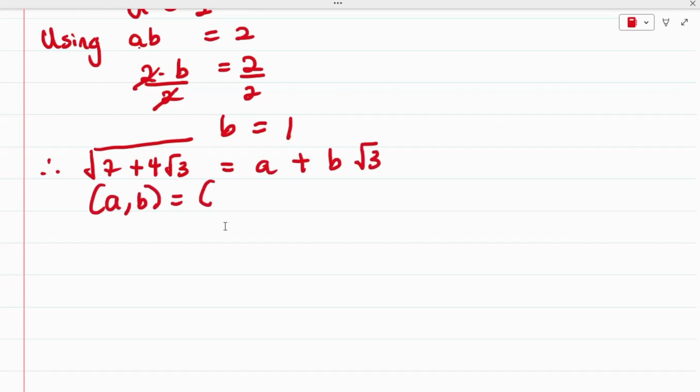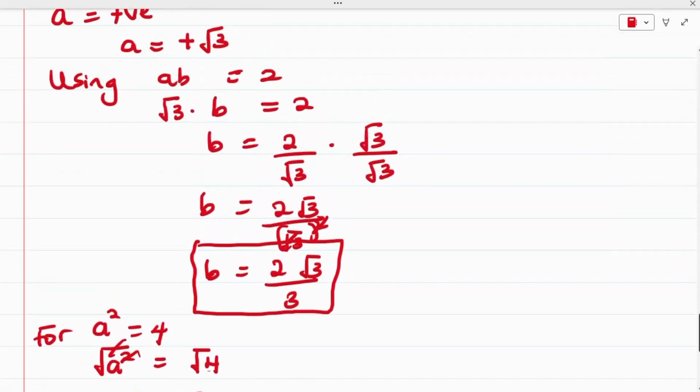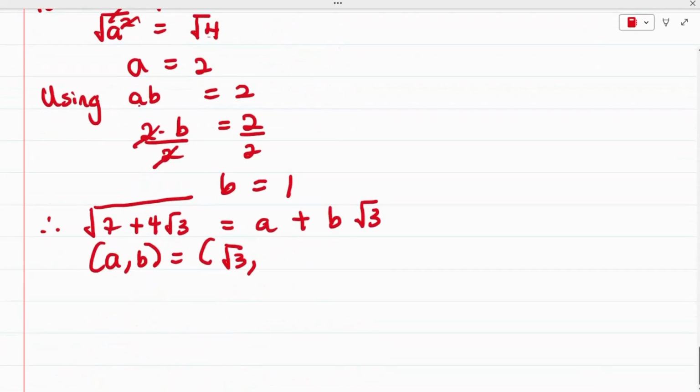The first value of a is root 3, and for b, we have that b is equal to 2 root 3 divided by 3. And the second value of a and b, we have that a is equal to 2 and b is equal to 1. Alright, so we want to simply verify both of them and find a valid solution.